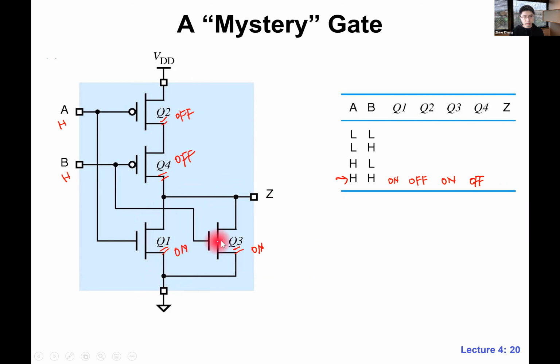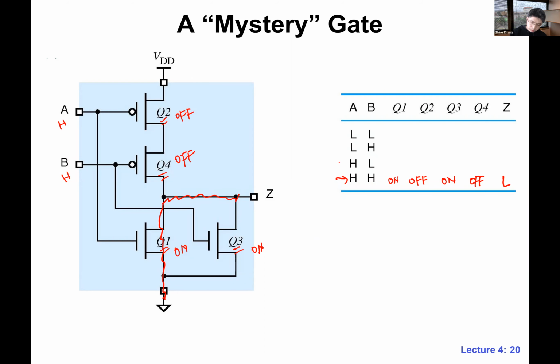It's called a pull-down network. Pull-down means we are pulling down the voltage of Z. The current is flowing from Z to the ground. So Z is high or low? Low. Good.